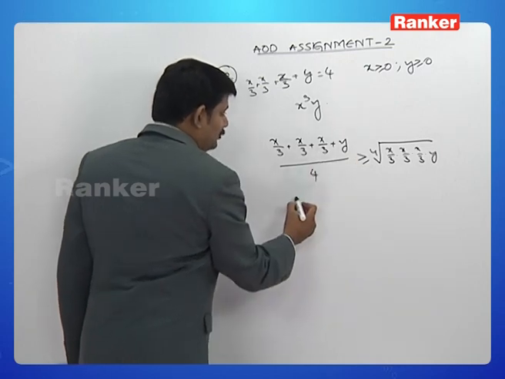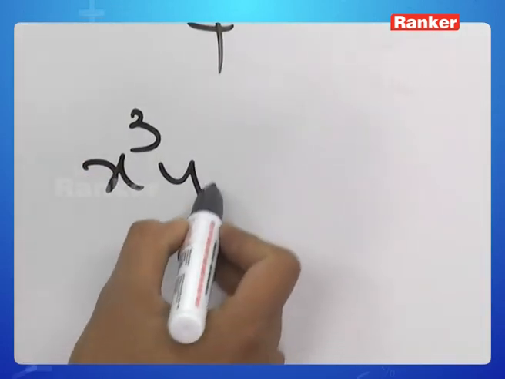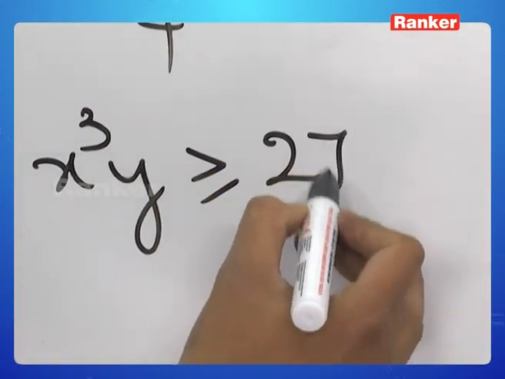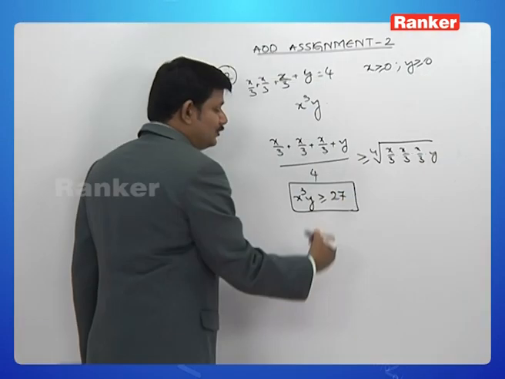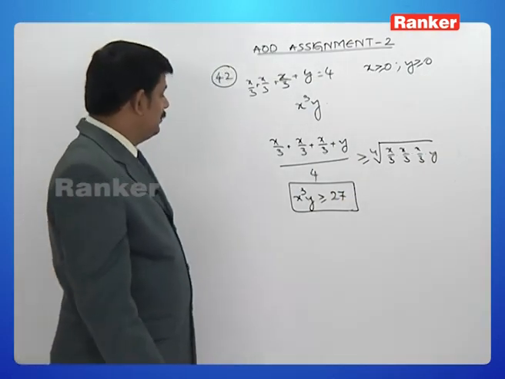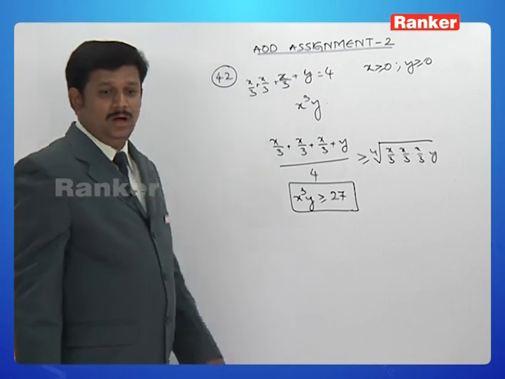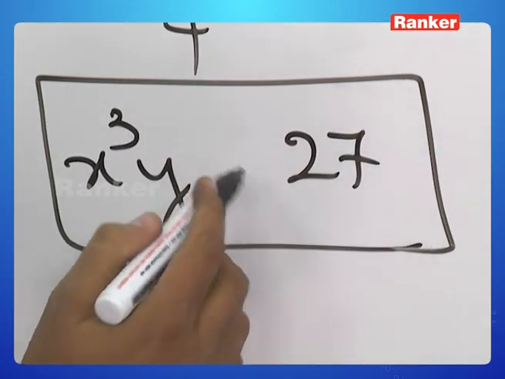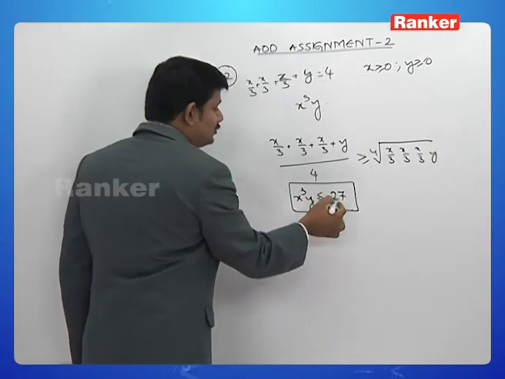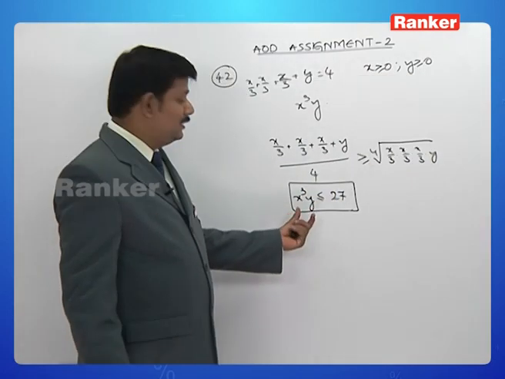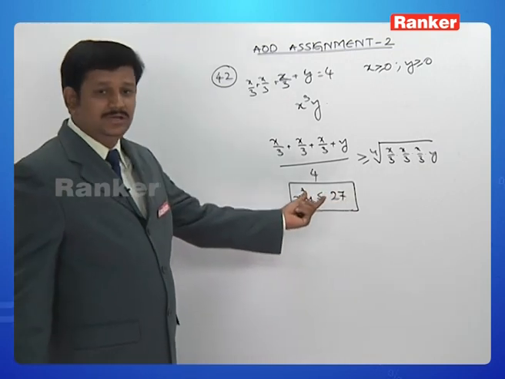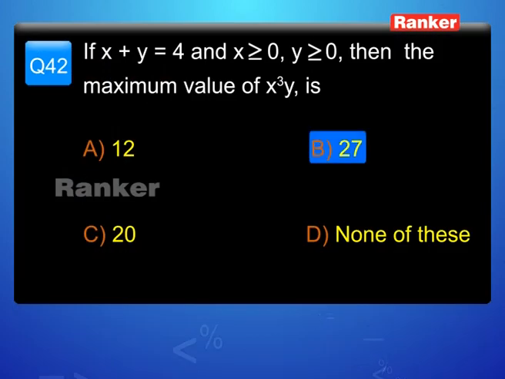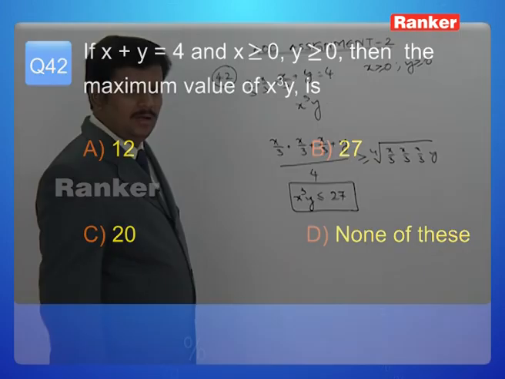Raising to the power 4 on both sides, x cube y by 27 is greater than or equal to 1, or x cube y is greater than or equal to 27. Hmm, more precisely, x cube y is less than or equal to 27. So, the maximum value of x cube y is 27, and that is when y is equal to x by 3. So, answer is option B.